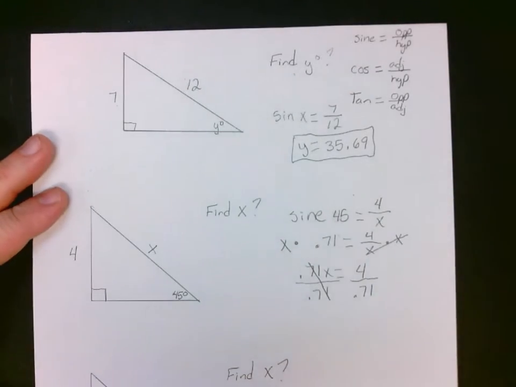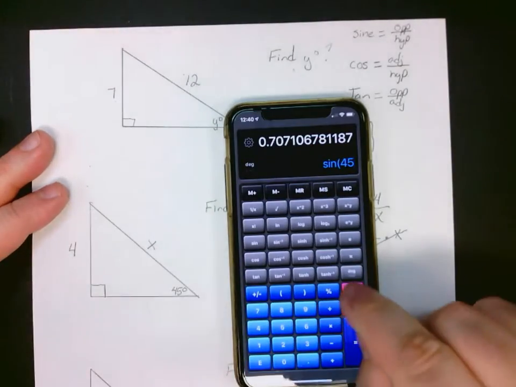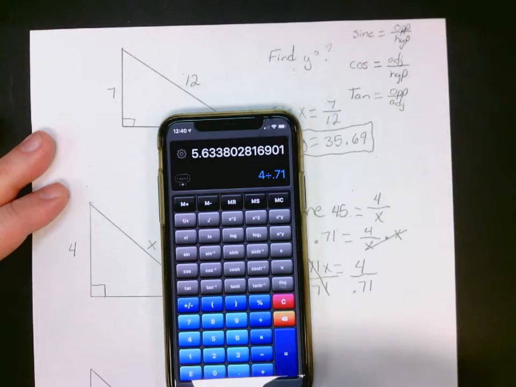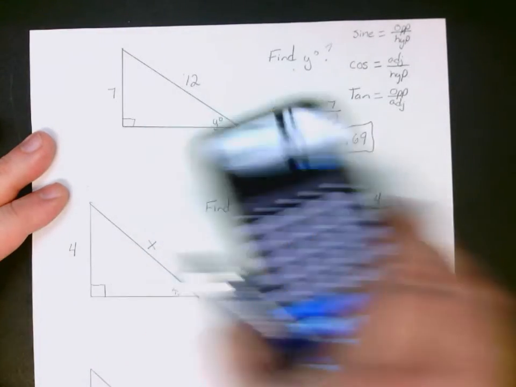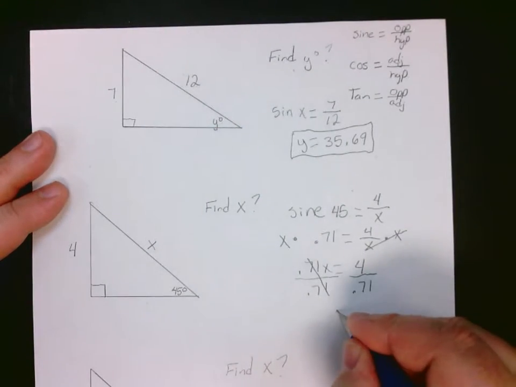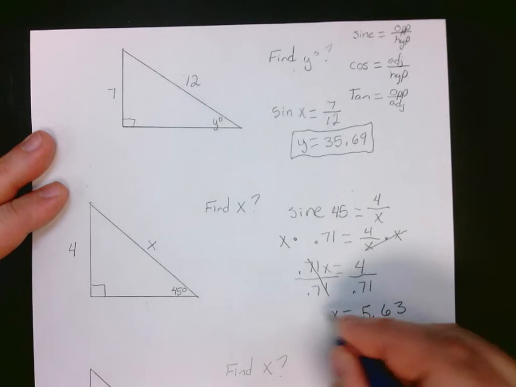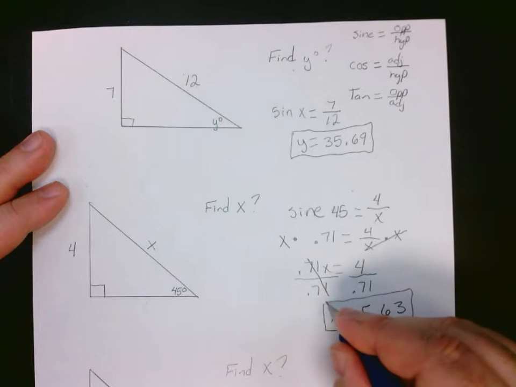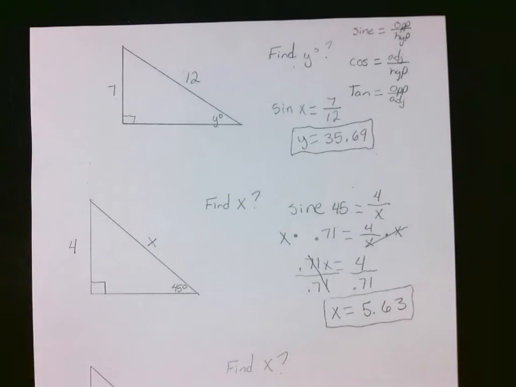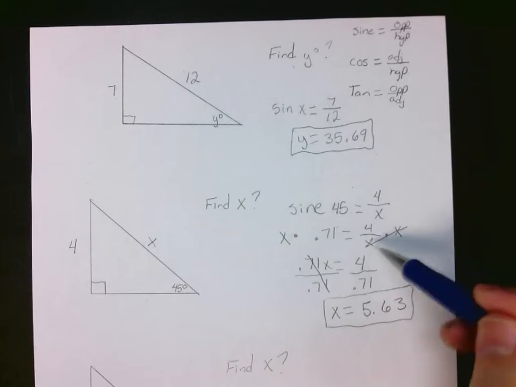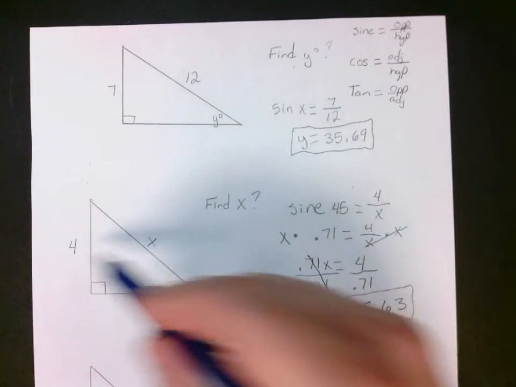Now I take my calculator and go 4 divided by 0.71. That gives me 5.63. So the answer for x equals 5.63. Basically it changes whether I multiply or divide, depending on what information they give.